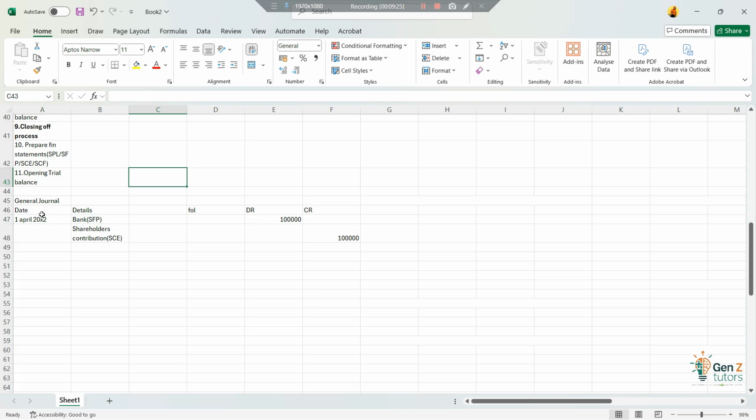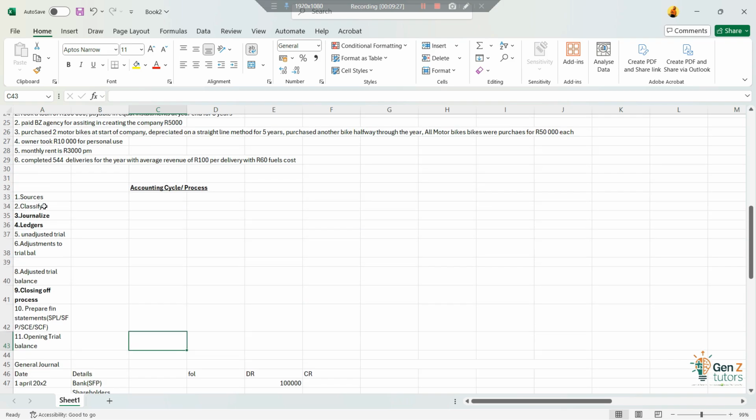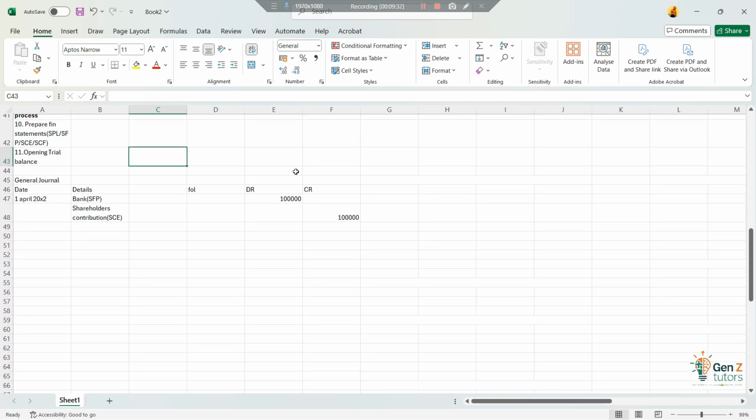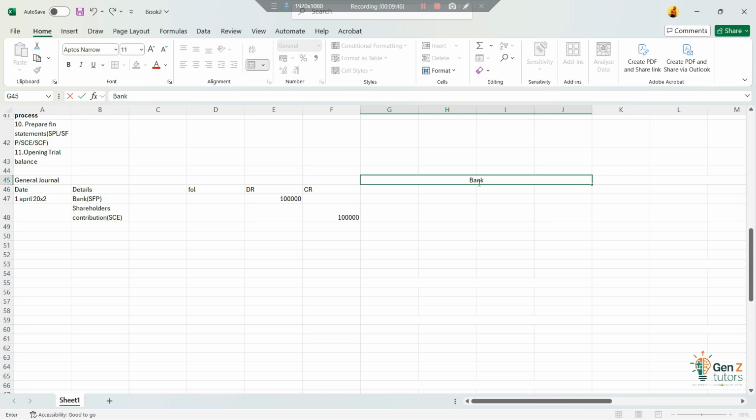And then since we're doing our journals over here, to make things easier and faster for us and for us to not forget anything, let's just do this immediately at the very same time. Since we've created a bank transaction, let's go and prepare a bank ledger. So we're gonna go and say bank.